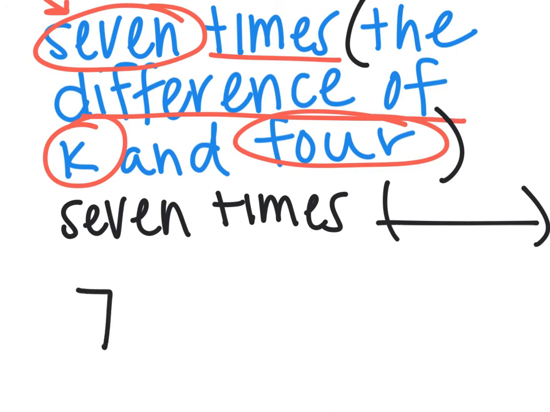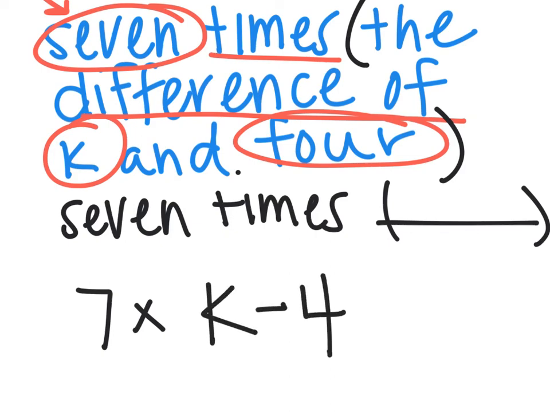So I have 7 times, again with multiplying it's nice because the order doesn't have to change, and then I have the difference of k and 4. Remember, difference of, if we look at our chart, doesn't change the order because it's like decreased by. So the difference of does not change the order. The difference of k and 4.